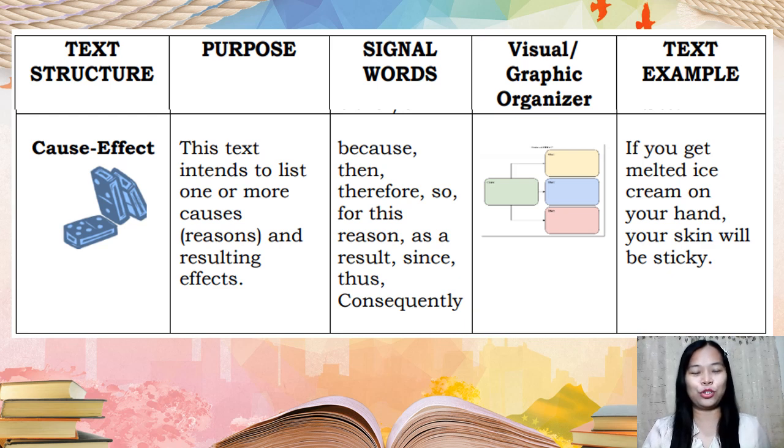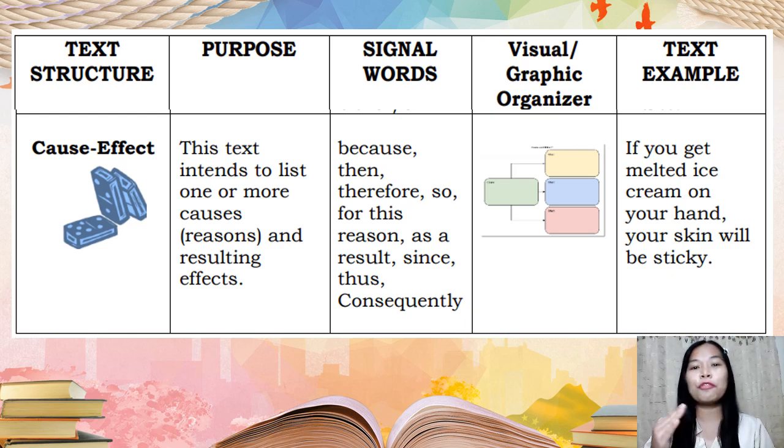The fourth text structure is cause-effect. So what's the purpose? This text intends to list one or more causes or reasons, dahilan, and resulting effects, epekto, resulta, bunga. And the signal words that we can use for cause-effect are the following: because, then, therefore, so, for this reason, as a result, since, thus, consequently.